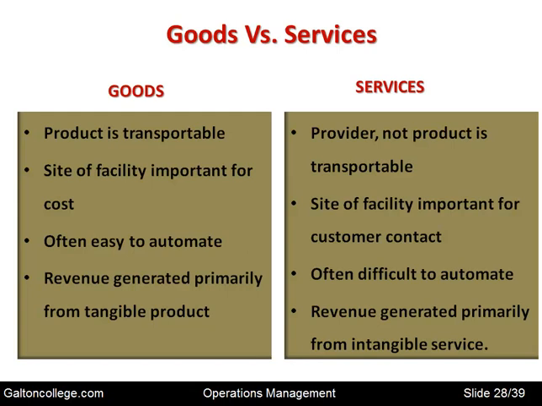The site of the facility is not important for customer contact. With information flows, particularly now with the advent of secure networks, we're able to send information across networks. So the site of the location of the service is not that important.